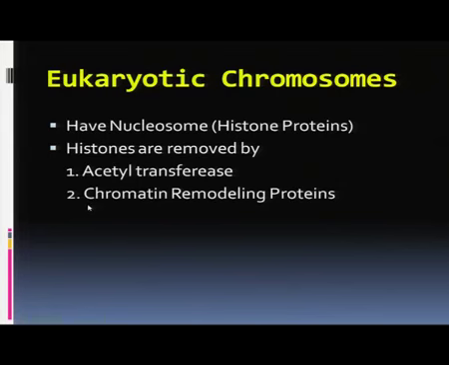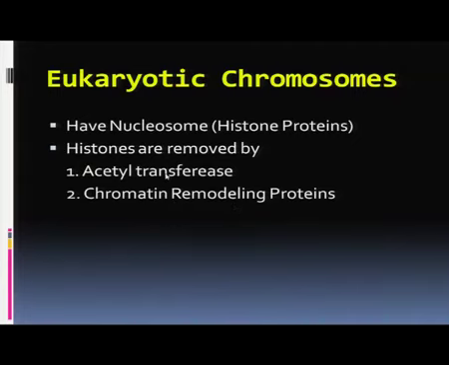And the answer is, these histone octamers are removed by two different enzymes, or we can say proteins. One is the acetyltransferase enzyme and the second is the chromatin remodeling proteins.